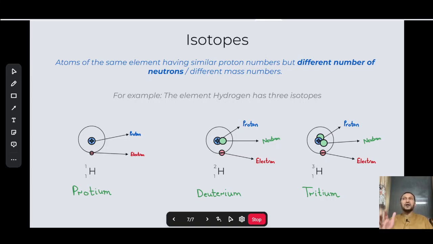Due to the different number of neutrons the physical properties are different: density, boiling point and melting point are different. However, chemically they are the same, they belong to the same element. Their chemical behavior and the way they bond with another element are similar. This is the concept of isotopes. Thank you.